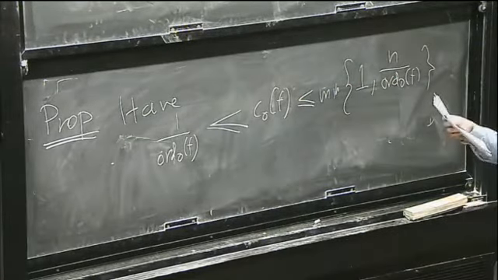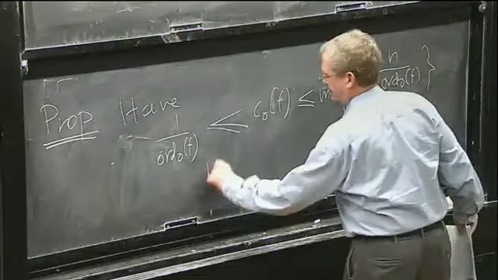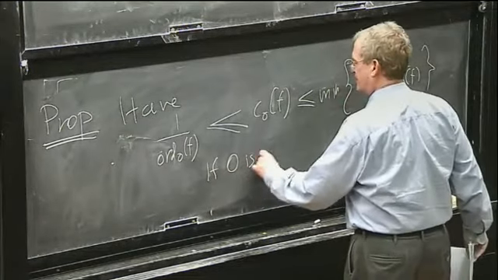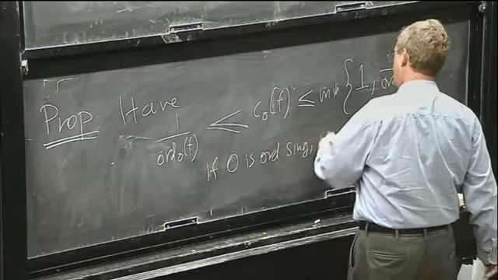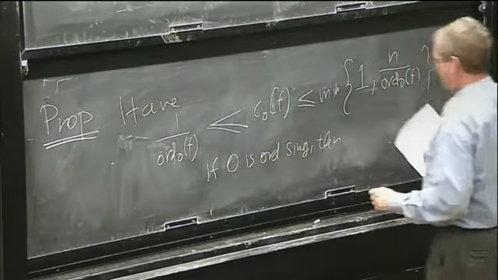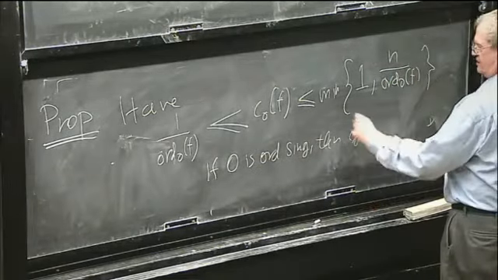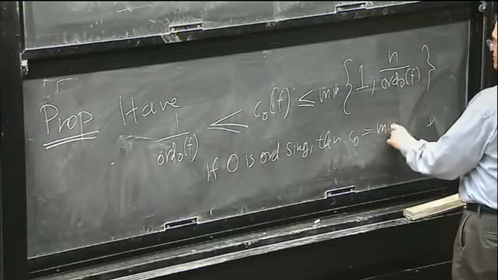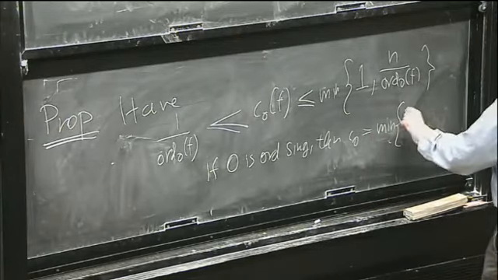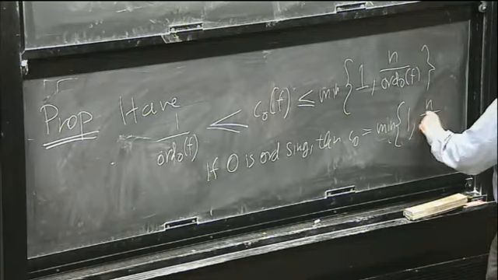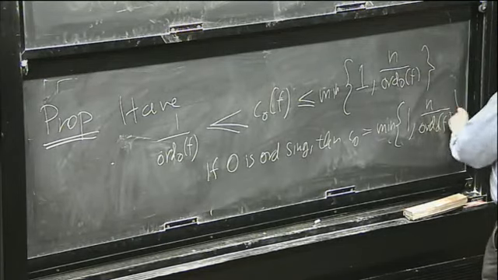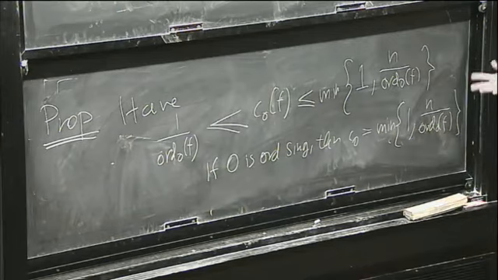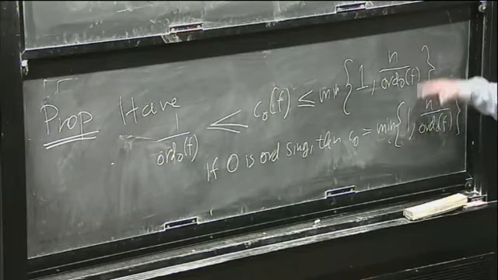And moreover, if 0 is an ordinary singularity, then c_0 is just equal to this thing here. So this is what I was trying to say before. It's just the minimum of 1 and n over the order of vanishing of f. So if you have this sort of situation where the tangent cone is nice, then this funny invariant is just computed from the multiplicity.